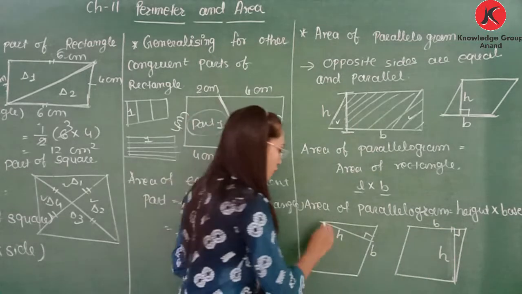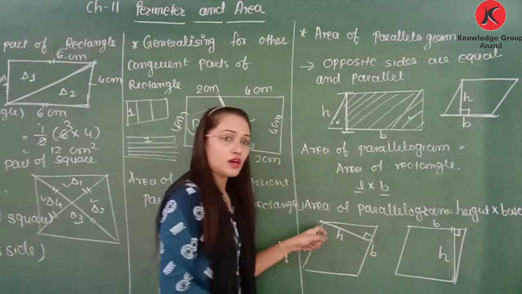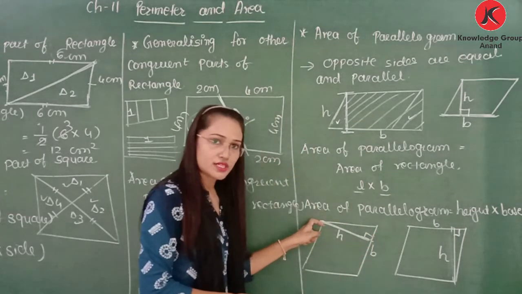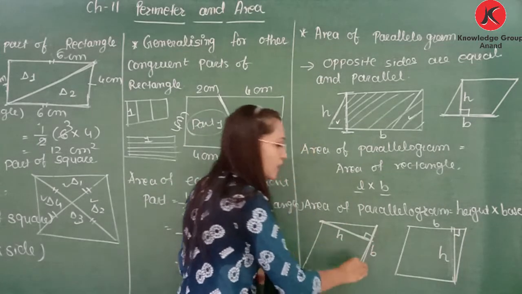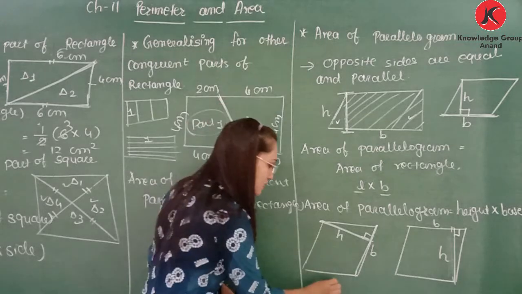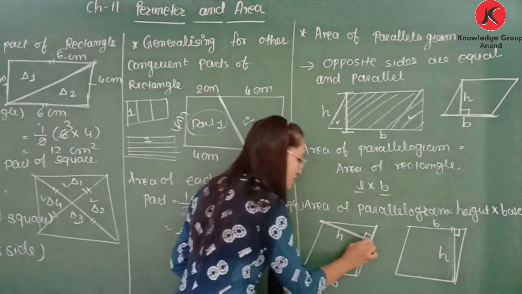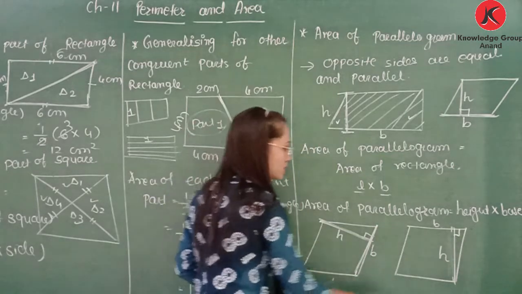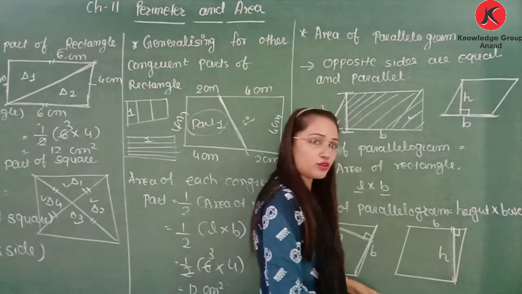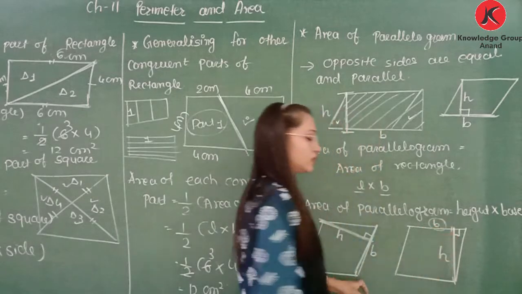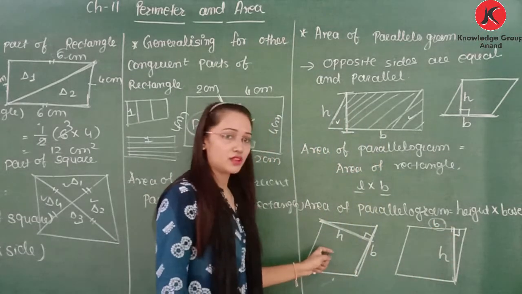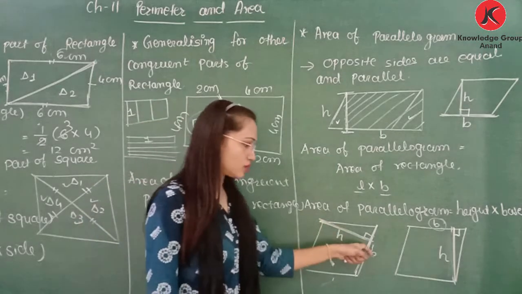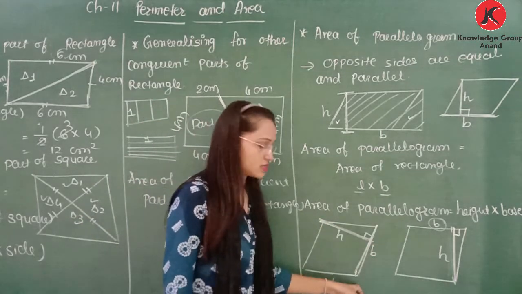So the height will be the perpendicular distance from any vertex to the opposite side, and that opposite side becomes the base. You cannot consider this as a base when you consider this height. So if the height is this one, then the base will be this one. If you consider the height as this perpendicular distance, then the base will be this one. Clear? So either way you can find the area of a parallelogram by considering the perpendicular distance with the base.